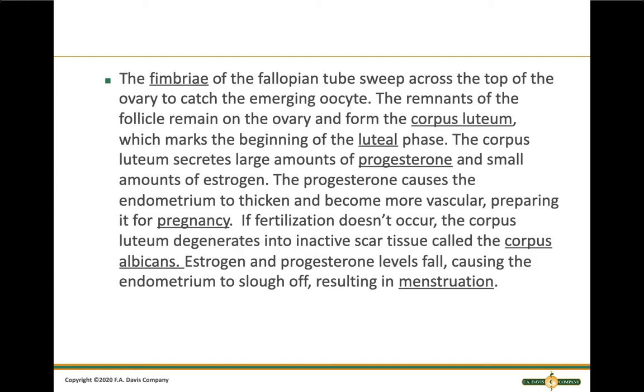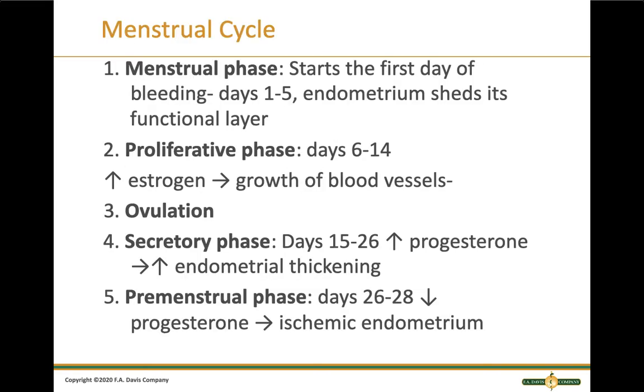The progesterone causes the endometrium to thicken and become more vascular, preparing it for pregnancy. If fertilization doesn't occur, the corpus luteum degenerates into inactive scar tissue called the corpus albicans. Estrogen and progesterone levels fall, causing the endometrium to slough off, resulting in menstruation. So that's pretty much the ovarian cycle.